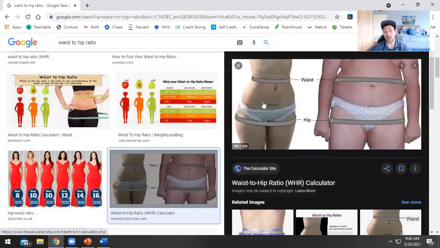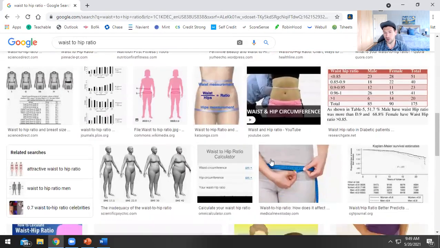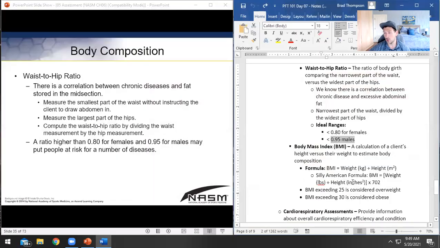We can see the difference here. This is a wide measurement here, but this is a wide measurement up top. This would be considered more dangerous than this. So that is what we are looking at there. Those ratios are just a good indicator. If your client is very serious about tracking their health statistics, I love paying attention to the waist to hip ratio. It's a really great way to keep an eye on that.